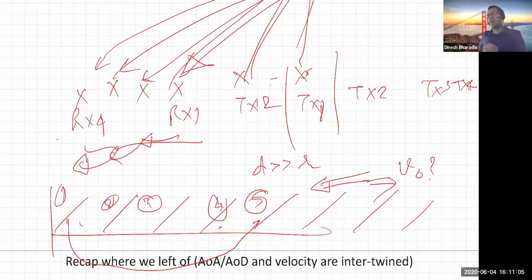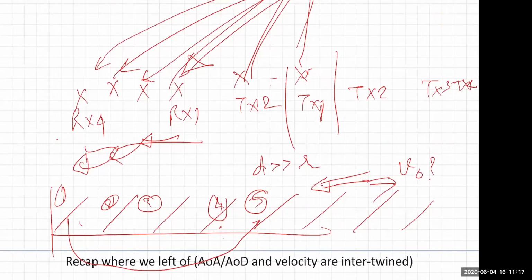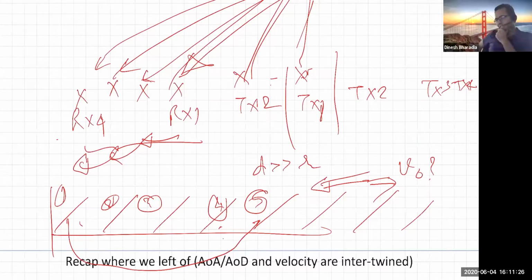So now what you really do is you make this assumption, and what will you get? Come on, folks. We can find the velocity from the first and fifth chirp.